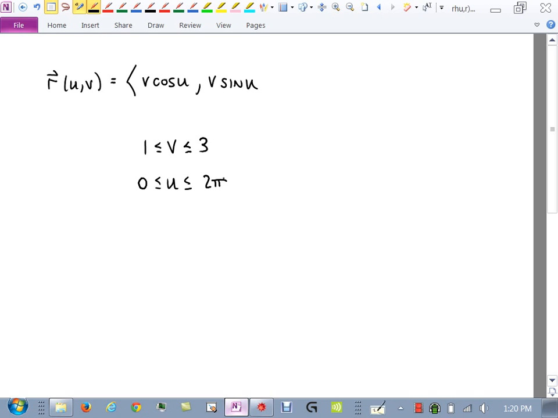That'll swing me all the way around. And now this part was the y squared minus x squared, so v squared sine squared u minus v squared cosine squared u. Now, unfortunately, we cannot factor out a v squared and turn that into a 1.